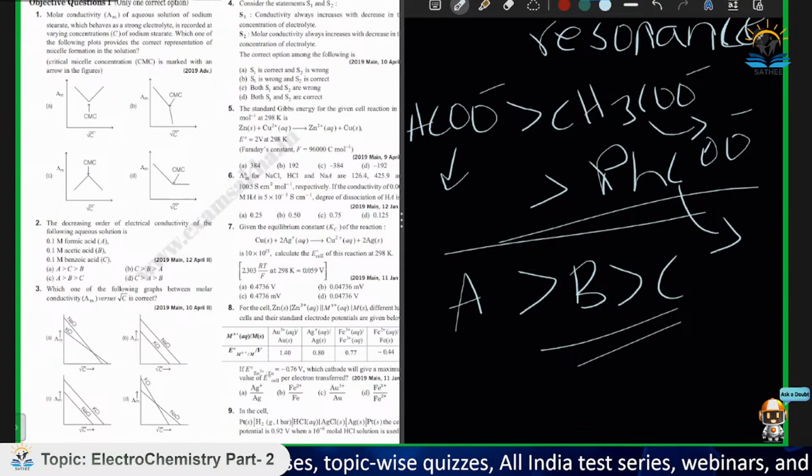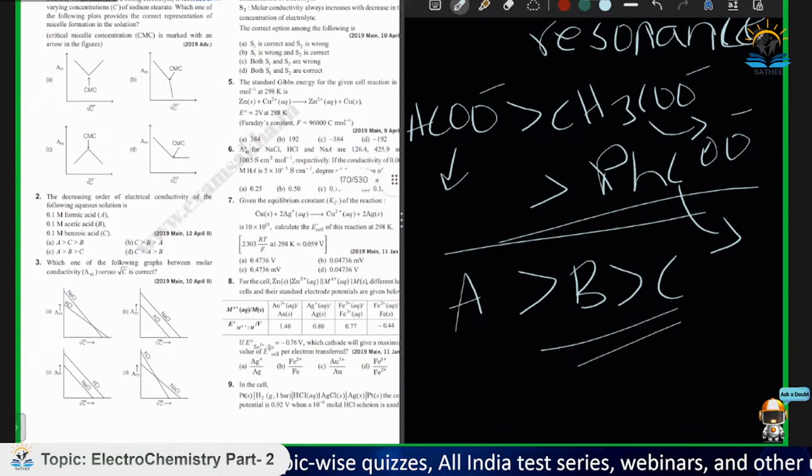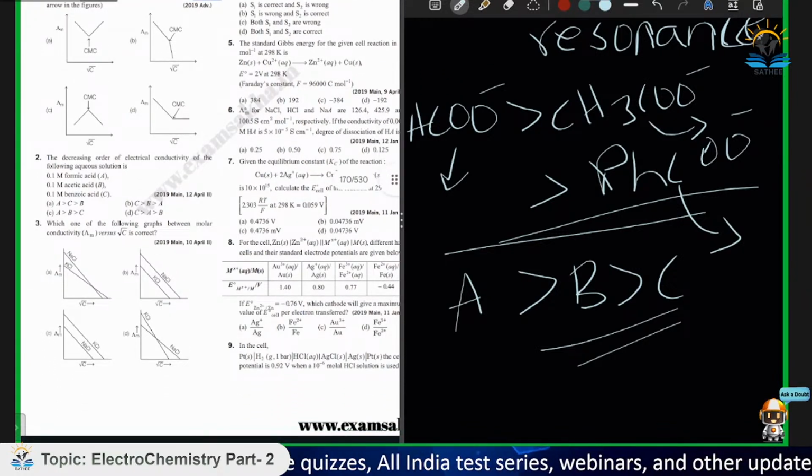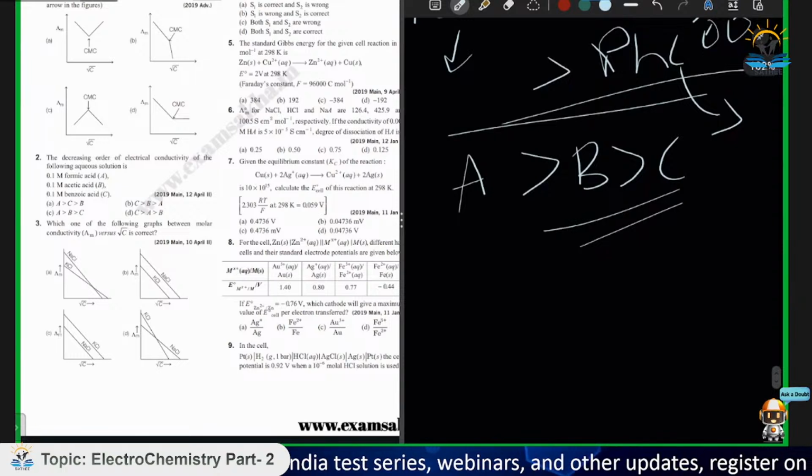So I will see. Last question of the day: which one of the following graphs between molar conductivity versus root C is correct? How am I supposed to answer this question?